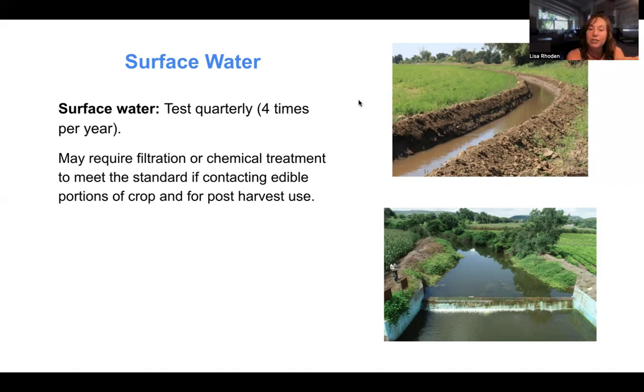In those cases, you're going to have to treat the water or filter the water to make sure that it becomes microbially clean, which means no detectable E. coli. So these are things to keep in mind if surface water is the only water you have available at the farm. The other option, of course, is to bring clean water for those post-harvest tasks.